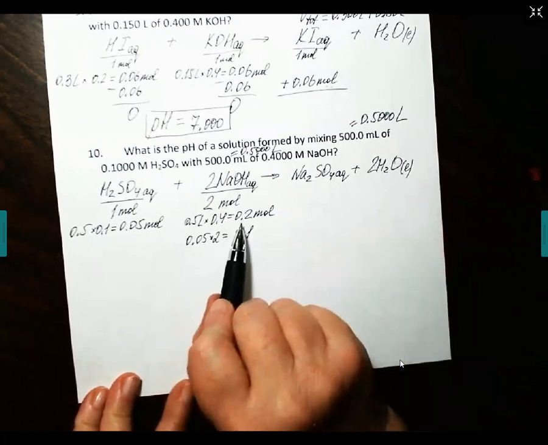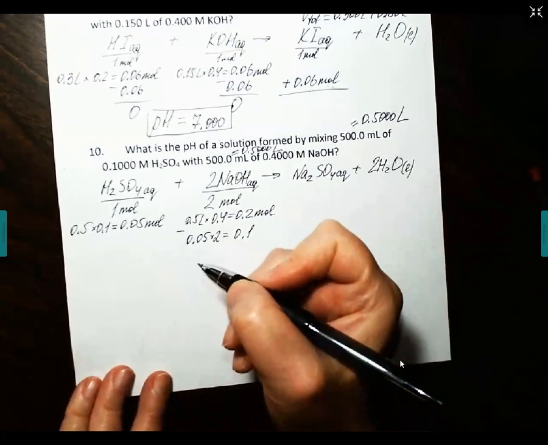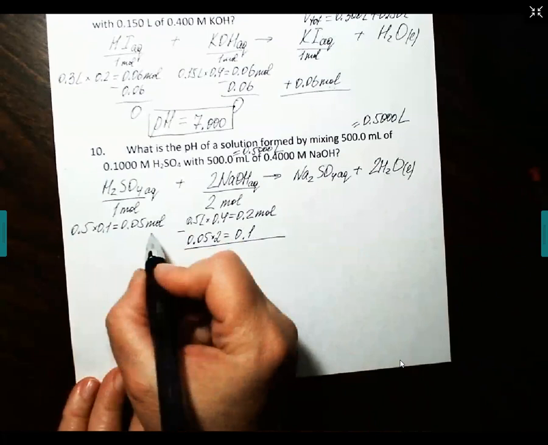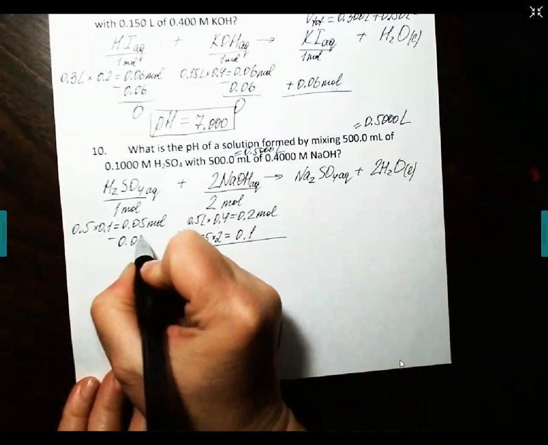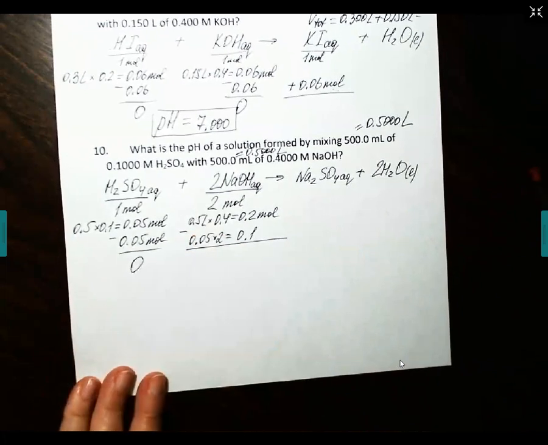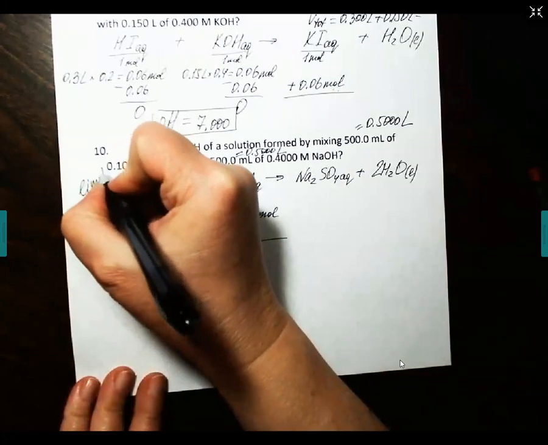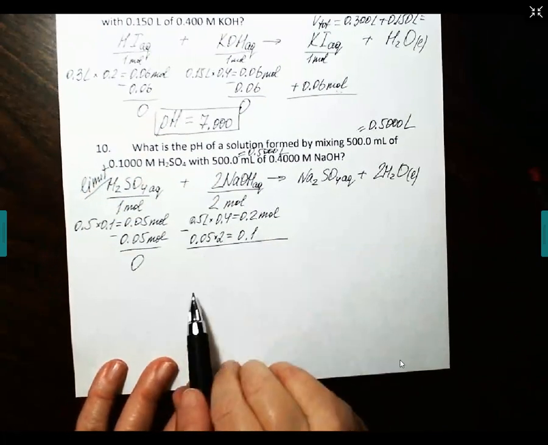So only 0.1 mole of sodium hydroxide will be used, and sulfuric acid will be used completely because this is our limiting reactant. So the final amount of sulfuric acid is 0, and this is our limiting reactant. And this is the excess reactant.